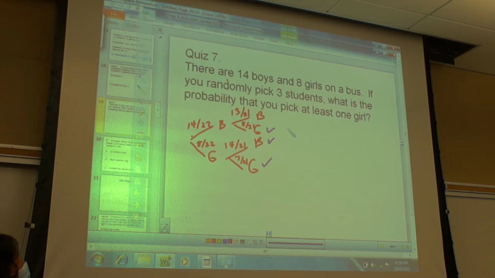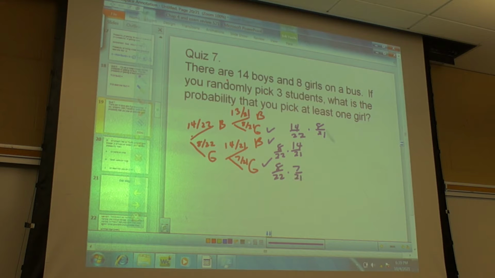So 14 out of 22 times 8 out of 21, or 8 out of 22 times 14 out of 21, or 8 out of 22 times 7 out of 21.